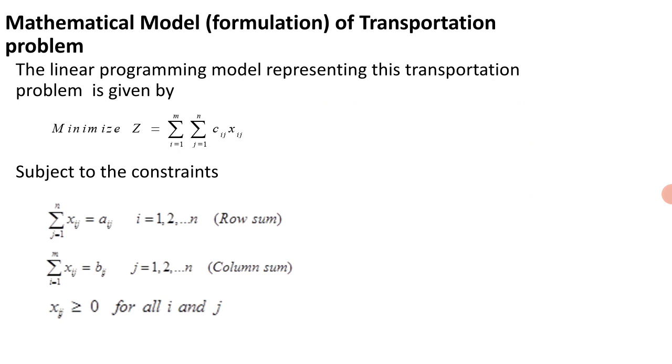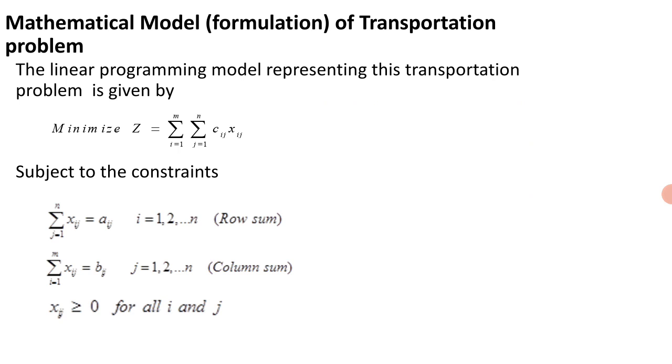Subject to the constraints, summation j is equal to 1 to n xij is equal to ai for all i is equal to 1 to m, that is row sum, and summation i is equal to 1 to m, xij is equal to bj, j is equal to 1 to n, that is column sum, where xij is greater than or equal to 0 for all i and j.